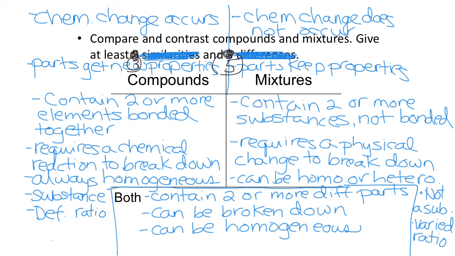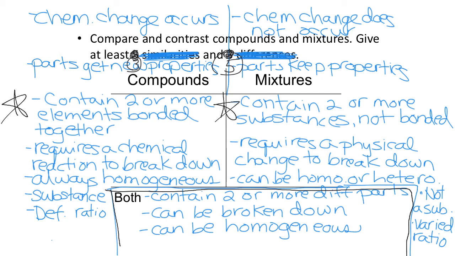All right, as you can see, I kind of ran out of space on this one. So here's my similarities, and my differences went up and down. So our biggest difference is what they are composed of. So compounds are composed of two or more elements that are bonded together.